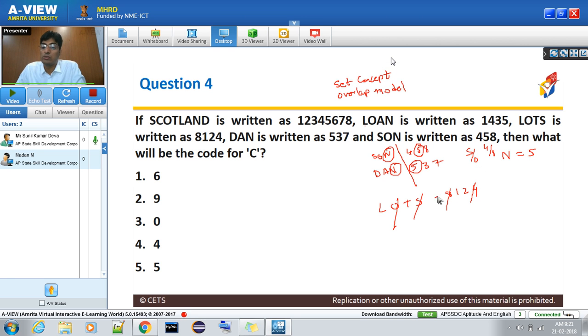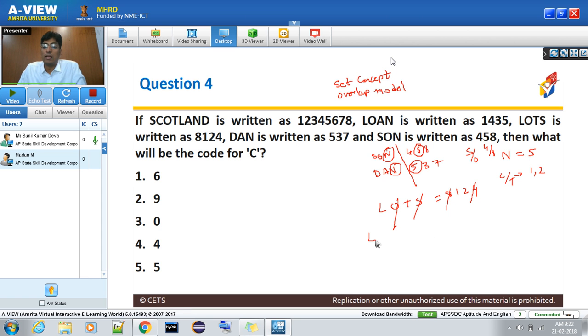But what it also told us is L and T. One of them is 1, the other one is 2. Again, we don't know which one is 2. We are not going to spend too much time on trying to decide what the code is for L, for example.